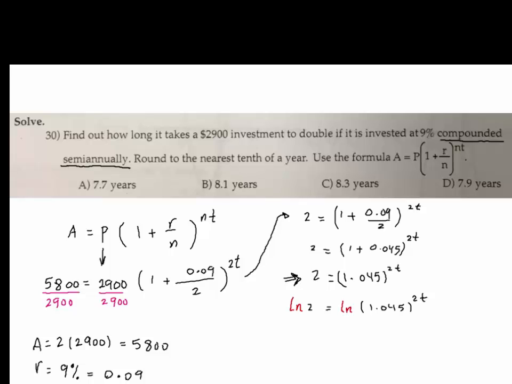Let me write it down here with a different color. So if I have a natural log of x to the power of n, I can move this n and write it right in front of the natural log.